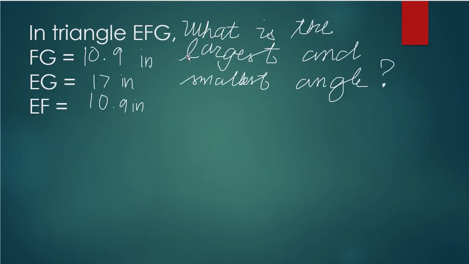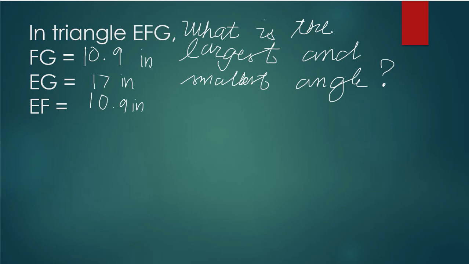In the triangle EFG, so the triangle is not drawn, what is the largest and the smallest angle? So we have the measures here. Actually, you can create the triangle first so that it won't be difficult to do. You can draw any type of triangle, and it's fine if the length or the figure won't justify the measure.